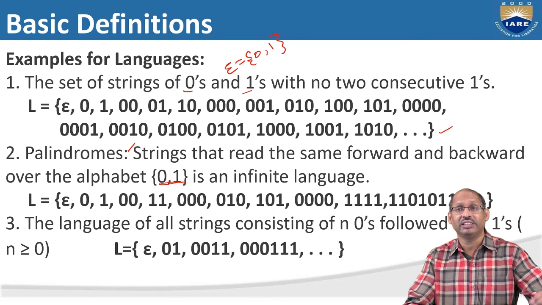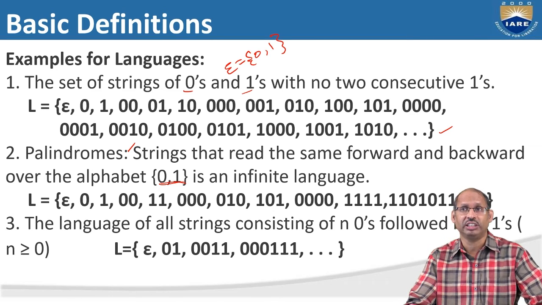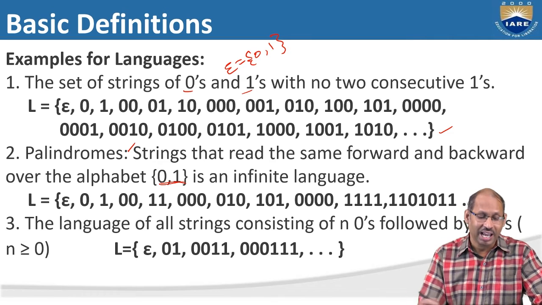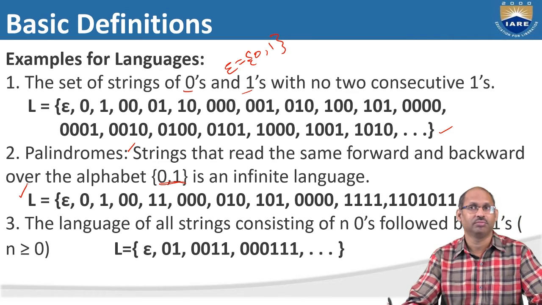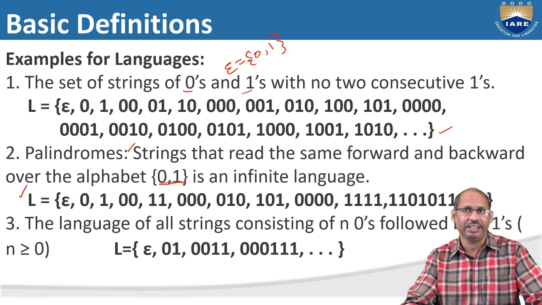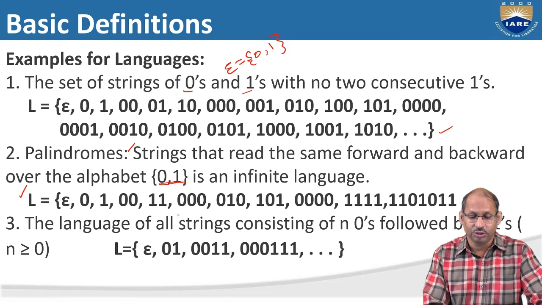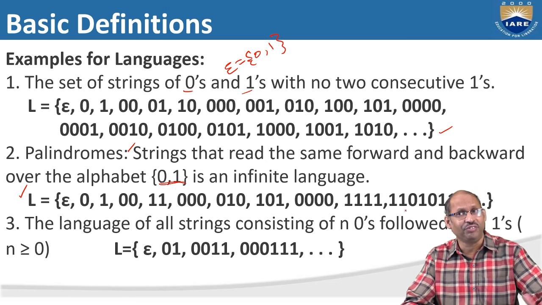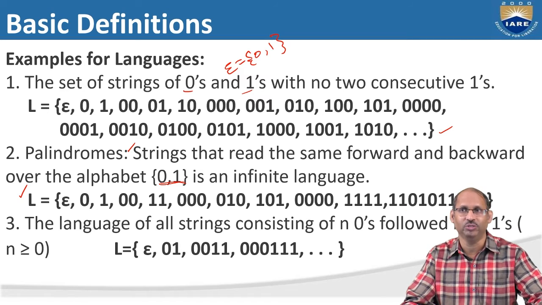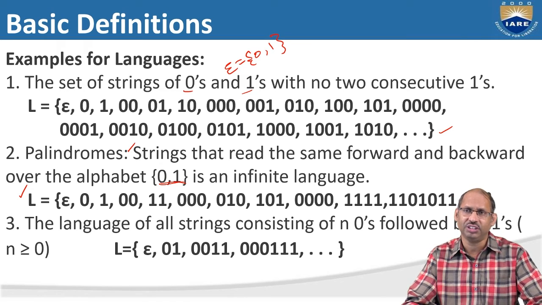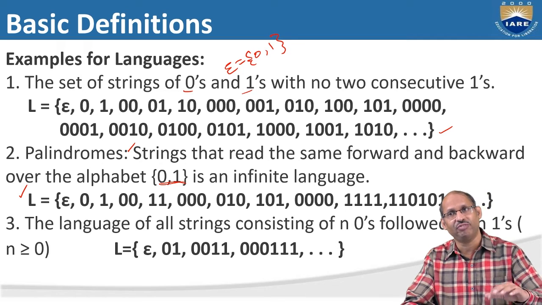Then these are different example strings for palindromes. L is a language which consists of palindromes as its strings. So when you reverse these strings, they will be the same strings. 010 reversed gives the same 010. 101 reversed gives the same 101.